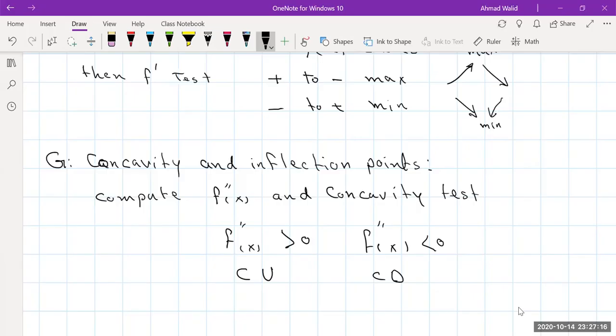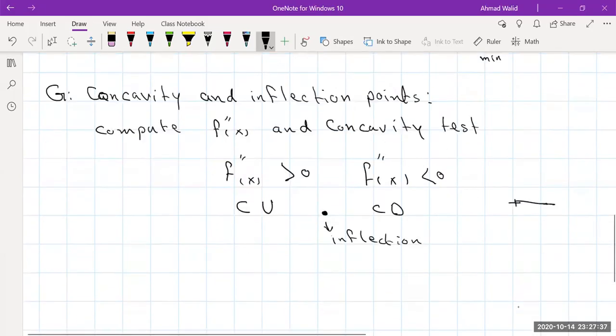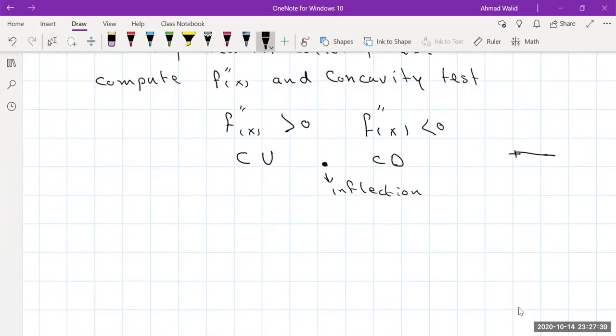Inflection point: when you are changing from concave up to concave down, there is a number there that you call the inflection point, right? And you can calculate that inflection point. And part H, last step, graph.